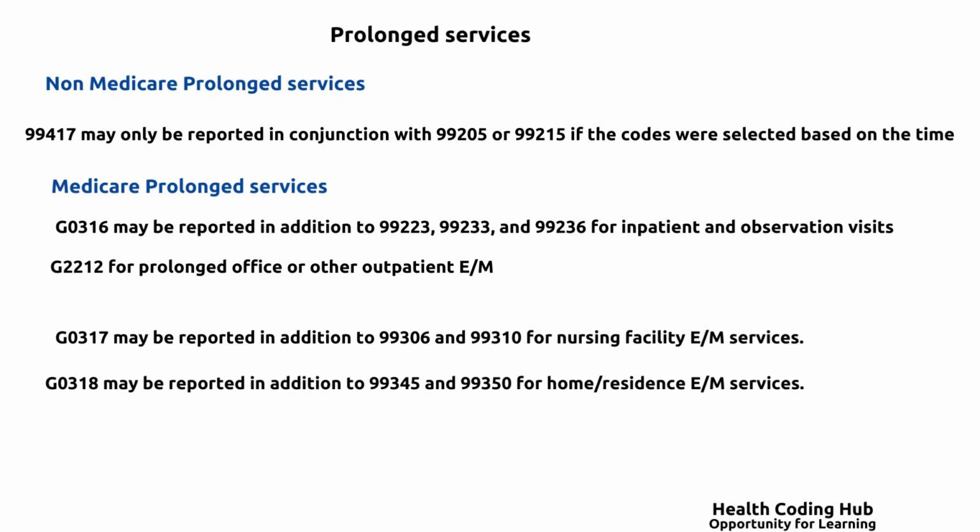For nursing facilities and skilled nursing facilities, you must also surpass the maximum time by 15 minutes and then have another 15 minutes added to bill for the code. In this case, the code G0317 is used. If you have access to E&M grids that have the time component written on them, you can use them for reference.